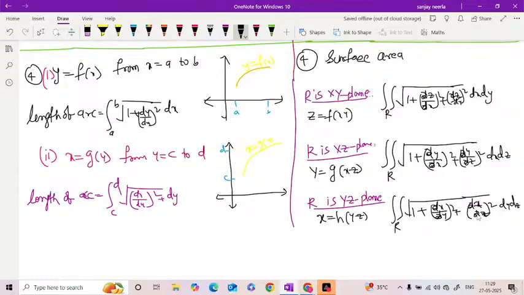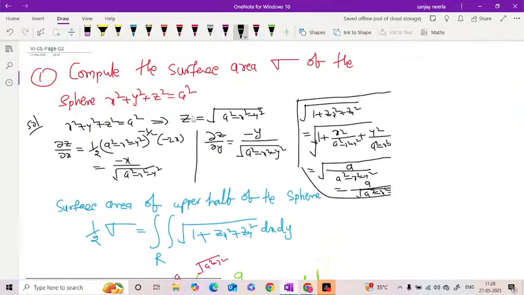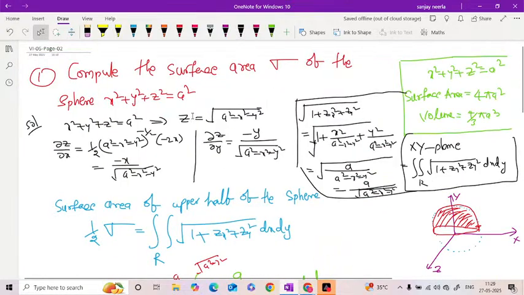We have the three varieties, but here I am taking only one variety. So I am giving the homework to you: try to solve the surface area based on the xz plane and yz plane, and you will also get the same result. Okay, am I clear?